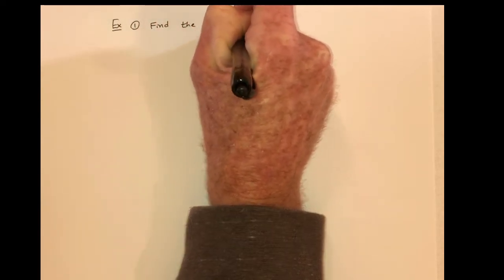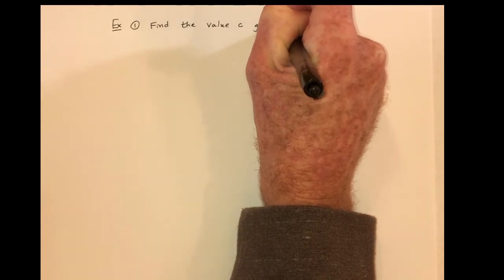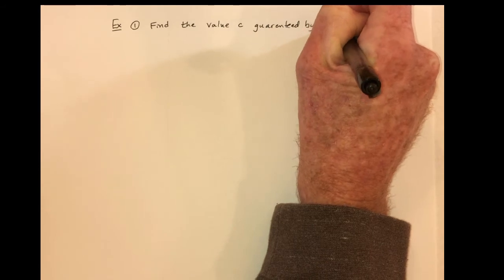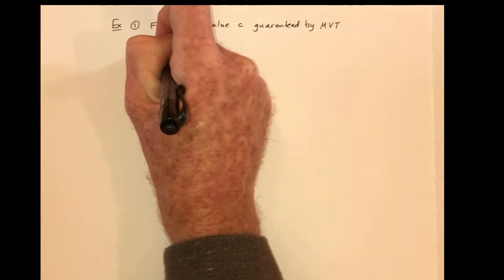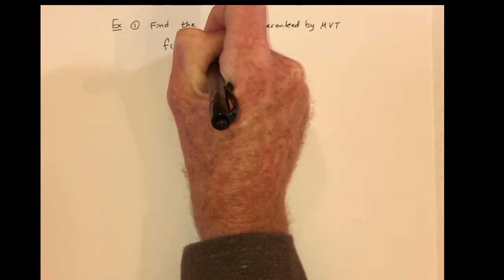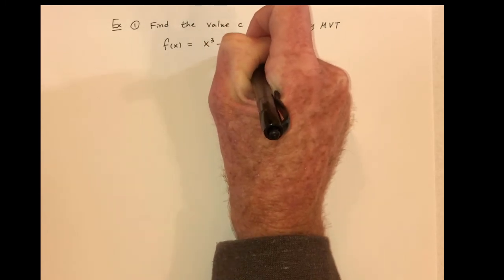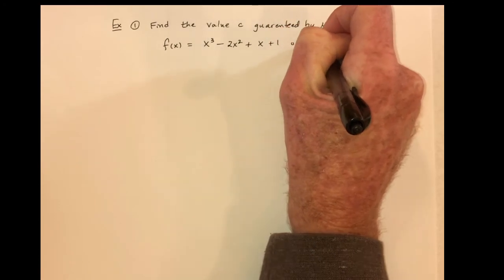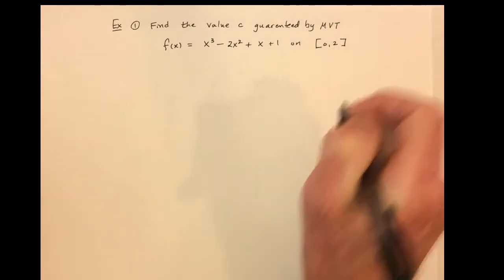So now find the value c that is guaranteed by the mean value theorem. And the continuous function is going to be x cubed minus 2x squared plus x plus 1, and the interval is from 0 to 2.